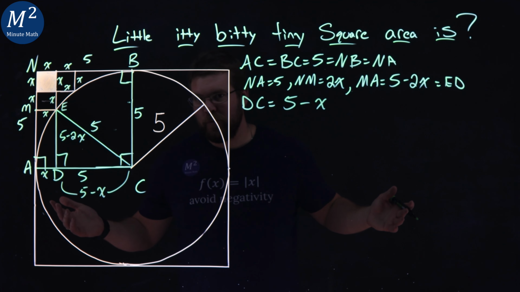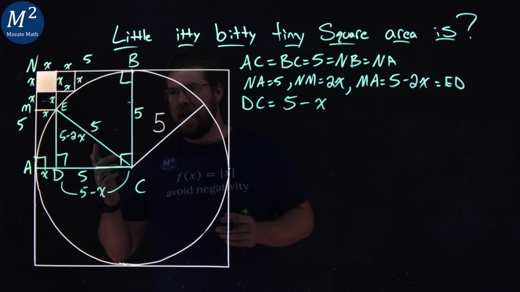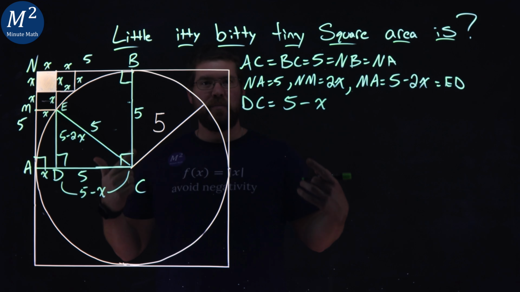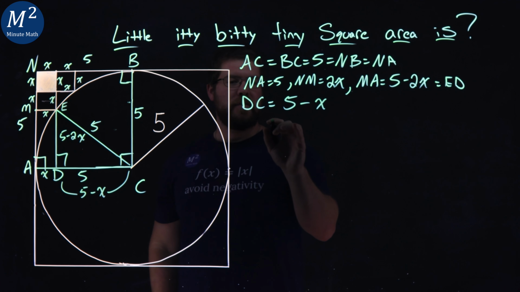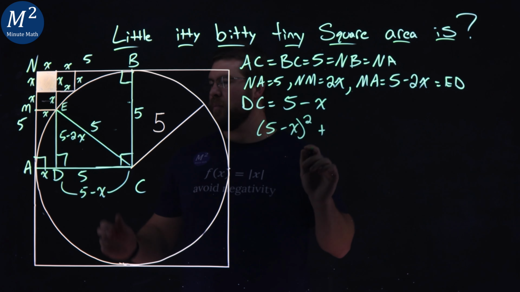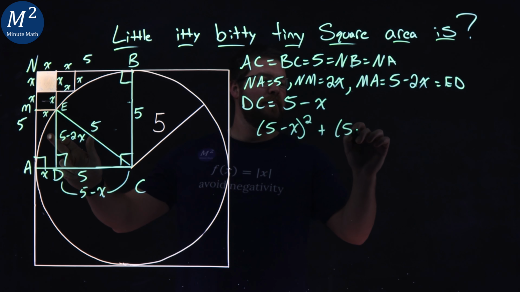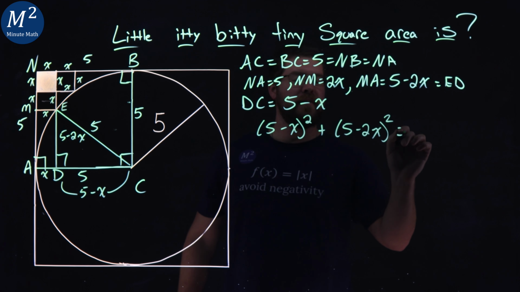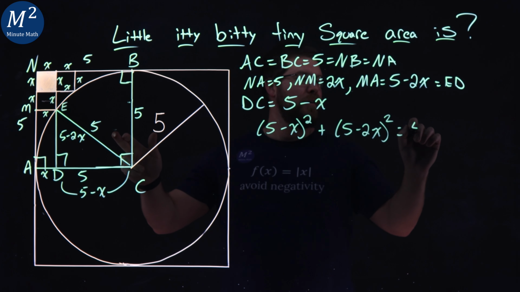Pythagorean theorem is always our best friend, and we can use that to find x. So a squared plus b squared equals c squared. We have (5 minus x) squared plus (5 minus 2x) squared is equal to the hypotenuse squared, 5 squared.